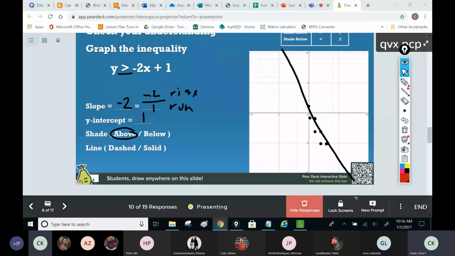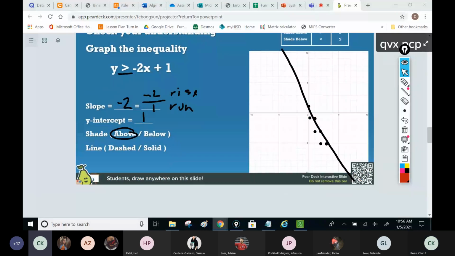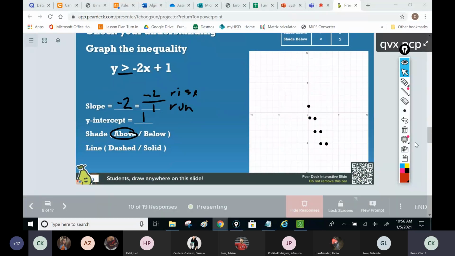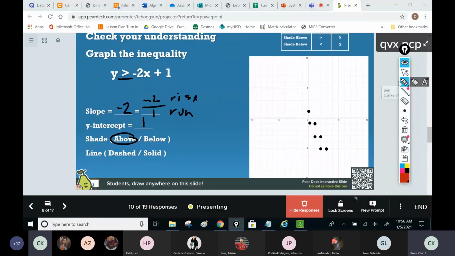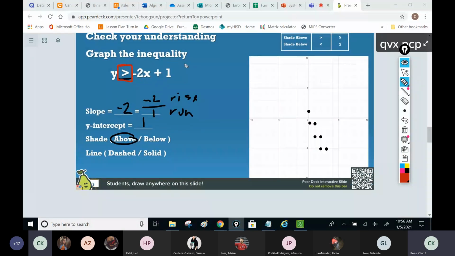Hey, make sure you use a dash line. You can tell it is a dash line because you look at the inequality symbol right here.